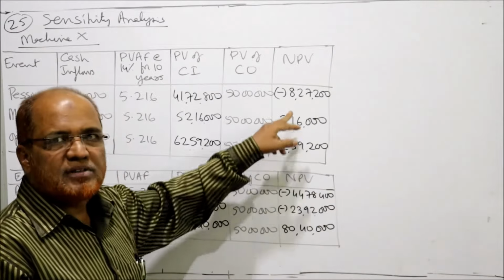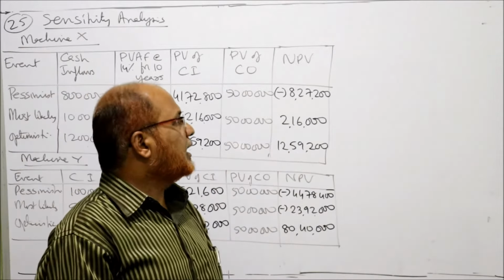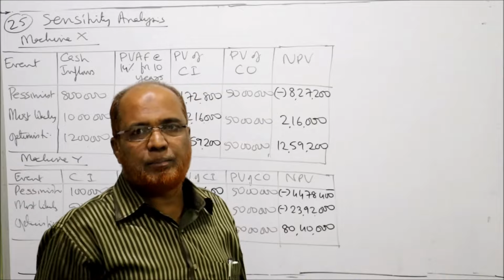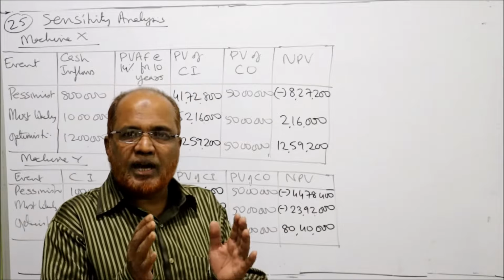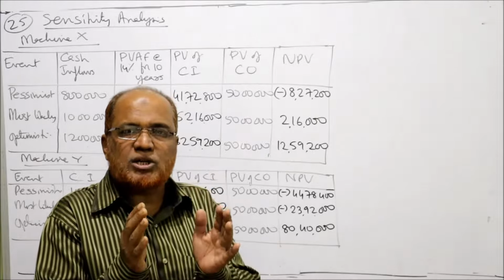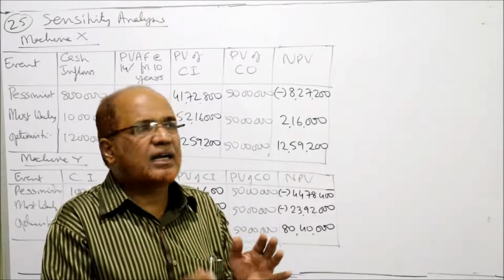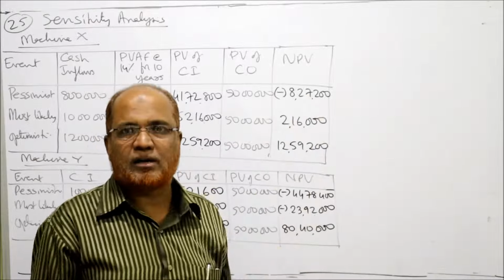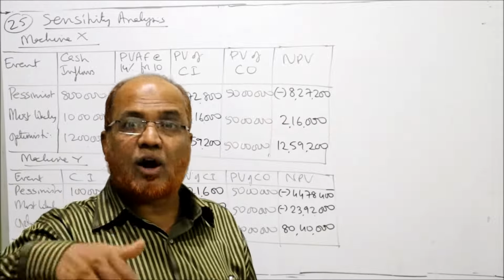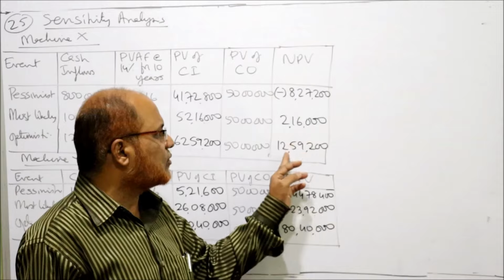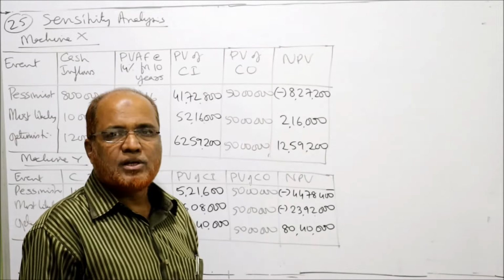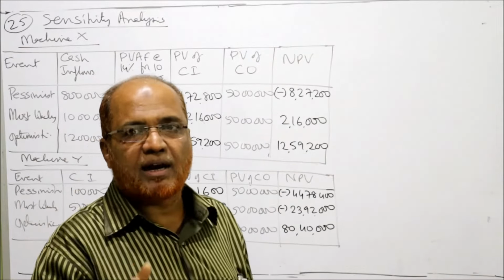In these three NPVs, we can see only one case where we have a negative NPV, that is if the situation is pessimistic. So in machine X, if the situation is pessimistic, we will get a negative NPV of 8,27,200. But if it is most likely or optimistic, we'll get a positive NPV of 2,16,000 or 12,59,200. So only in one situation we are having a negative NPV.